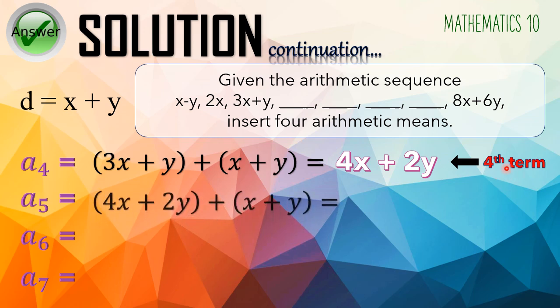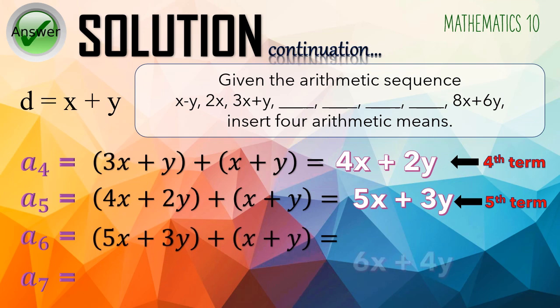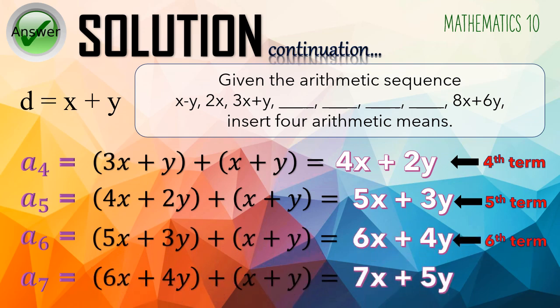And same process, so 4x plus 2y added by the common difference again, which is x plus y, and so we will get 5x plus 3y, and the process goes on up to the seventh term. There, so we got 7x plus 5y as our fourth arithmetic mean, or the seventh term in the sequence.